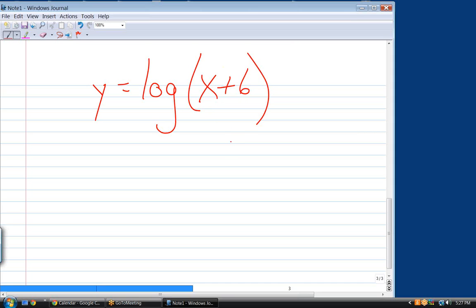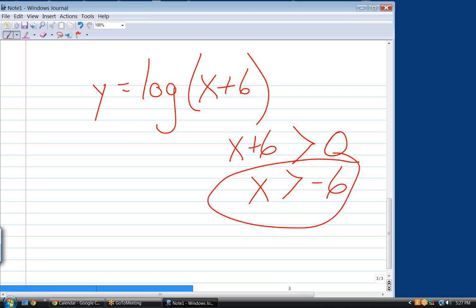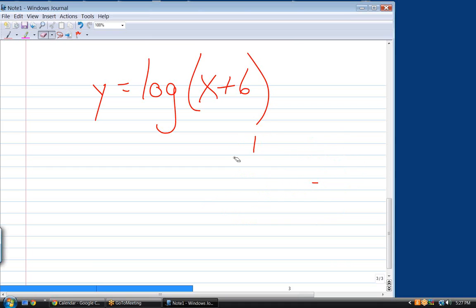So I can go from this and say x plus 6 has to be greater than 0, which means x actually has to be greater than minus 6. So that's the domain. In other words, take whatever's in the parentheses and set it greater than 0, and then just solve it. Okay? We didn't talk about range.